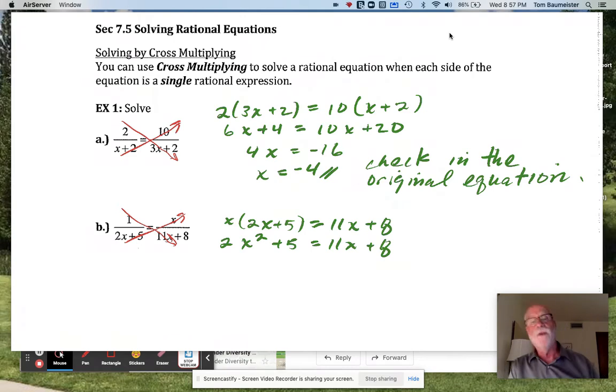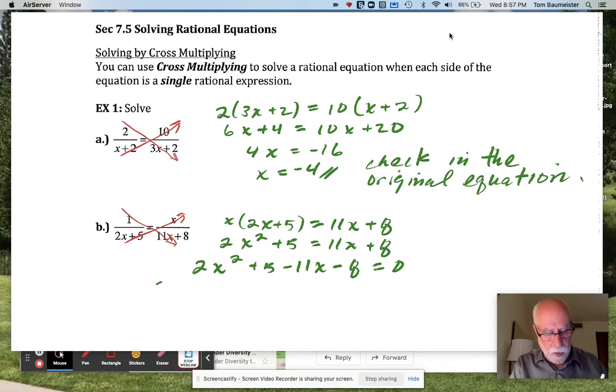Since I have a squared term there, we know it's going to be a quadratic, so I'm going to bring everything over to the left-hand side and set it equal to 0. When I simplify, I'll get 2x squared minus 11x.